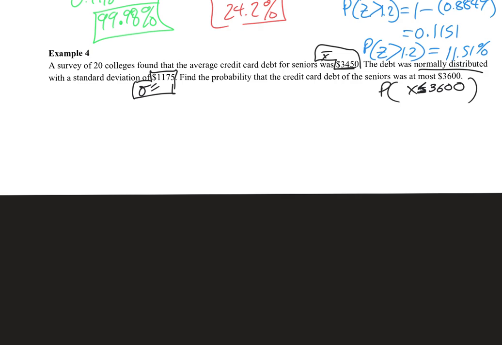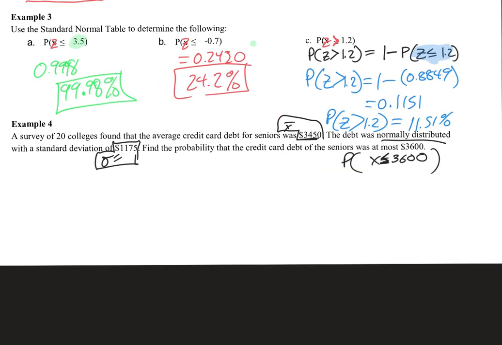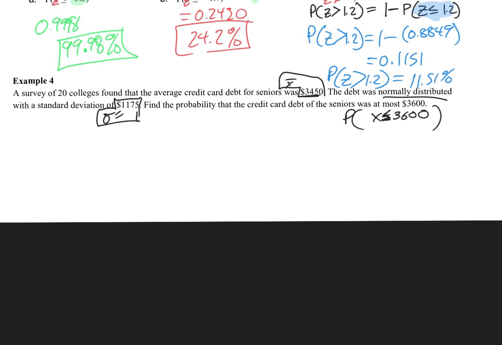We have this formula up here, so let's use it. What would the z-score of this be? The z would be my value, 3,600, minus the mean. We know the mean is 3,450, divided by the standard deviation, which we know to be 1175.